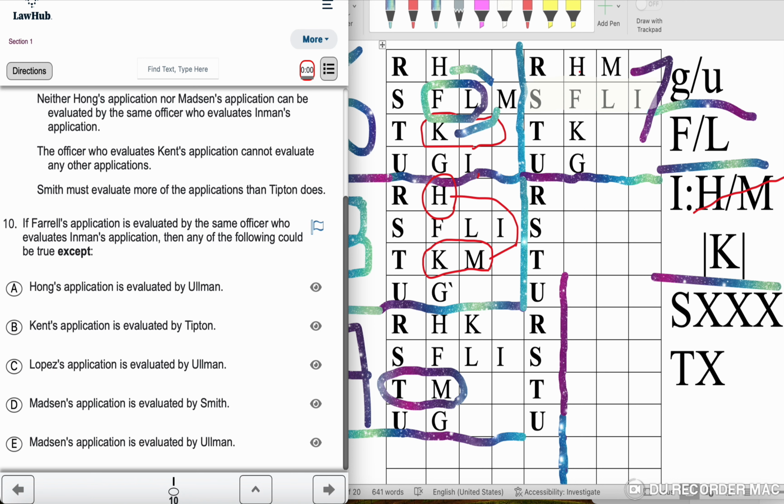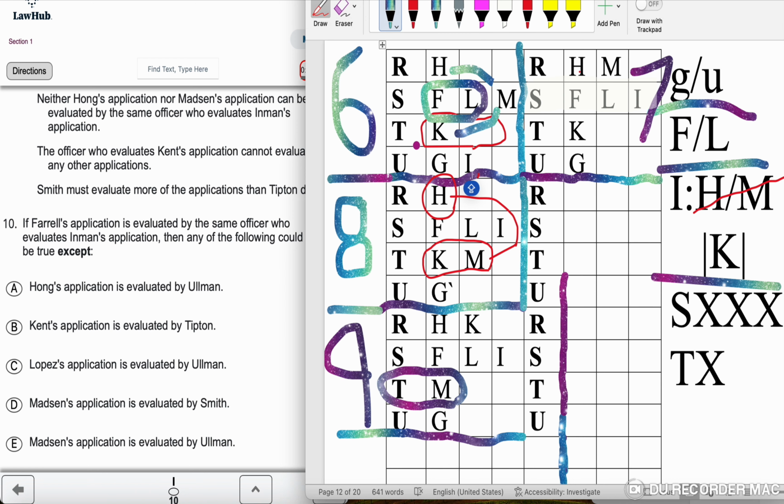Question 10. If F application is evaluated by the same officer who evaluates I application, then which of the following could be true except? So we want to see what F application is evaluated by the same officer as I. So we're looking for F and I. And we see that this world has F and I. If you guys don't see it, I'm going to circle it.